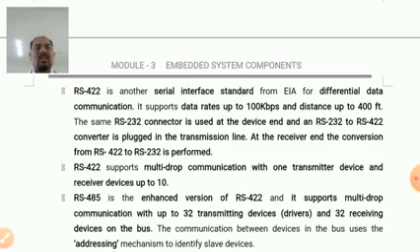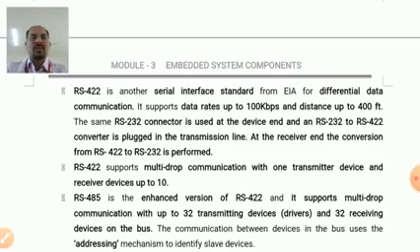The data rates supported by this are up to 100 kilobits per second and it covers a distance up to 400 feet. RS-232 is used at the device end, and an RS-232 to RS-422 converter is used in the transmission line, and at the end again an RS-422 to RS-232 converter is used.